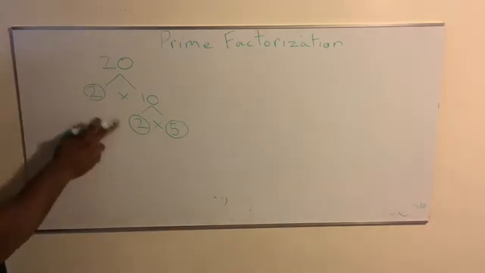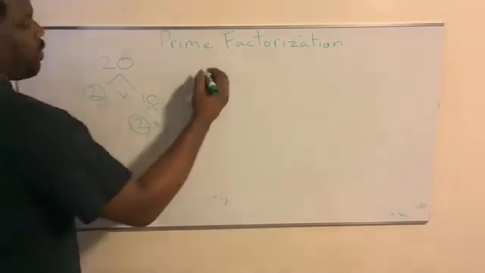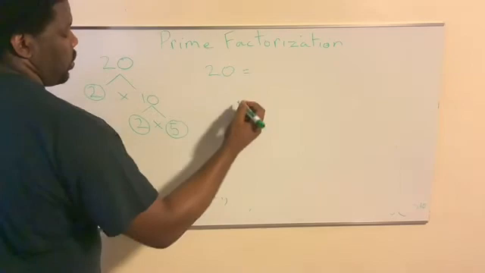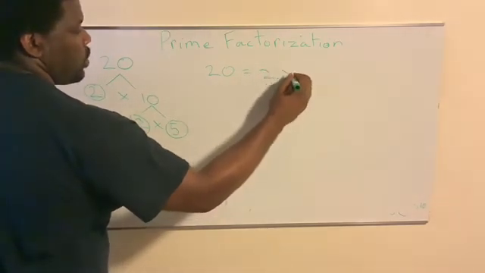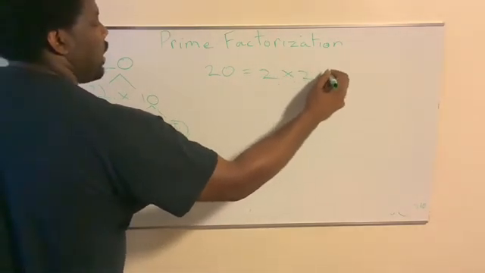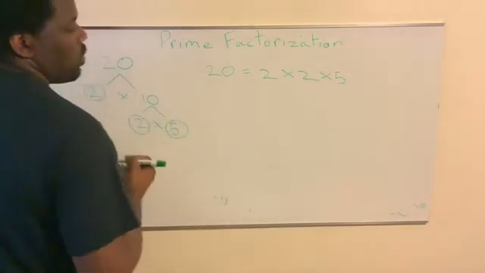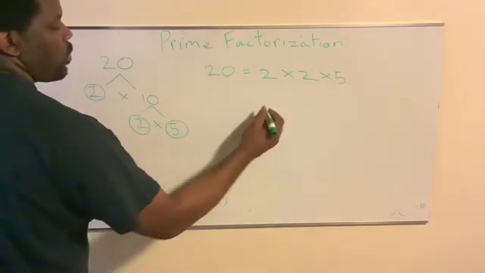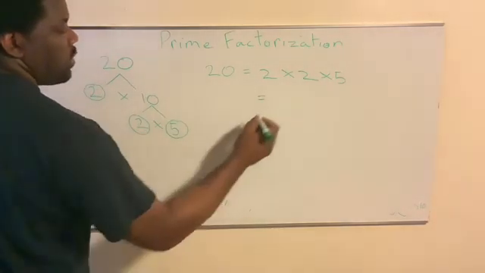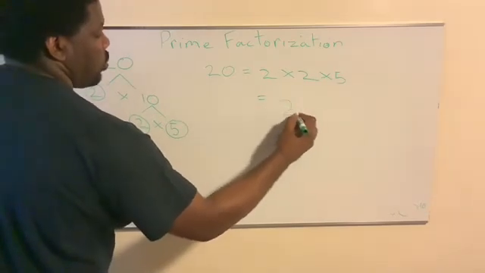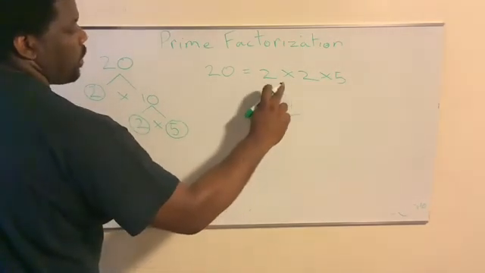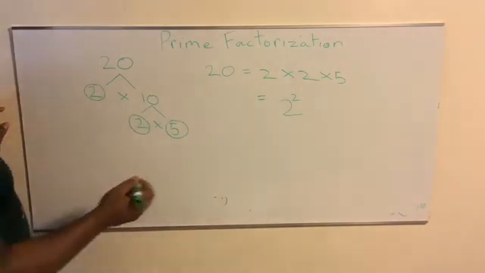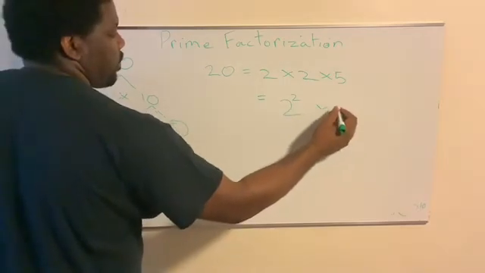All right, now I'm going to concentrate on my primes. So the prime factorization of 20 is equal to 2 times 2 times 5. All right, 2 2s are 4, 4 5s are 20. Now we can also use exponents. 2 to the power of 2, because I have 2 2's, so 2 squared, times 5.